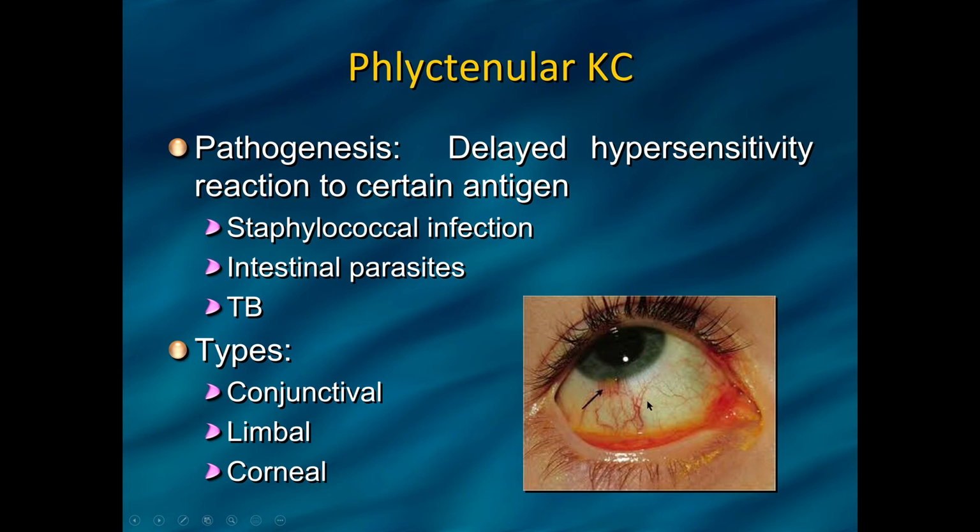Usually, the mother comes complaining of a localized redness in her child's eye, and you will be like a hero if you discover that the patient has intestinal parasites. You send her to do the stool analysis, and she comes back with a positive result for intestinal parasites, and she will think that you are a good doctor.